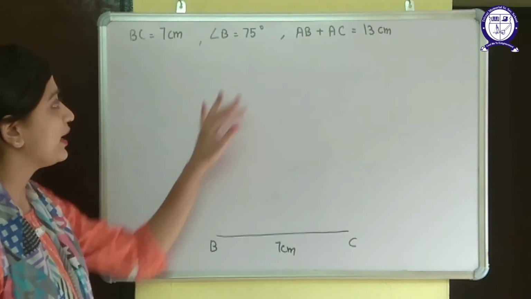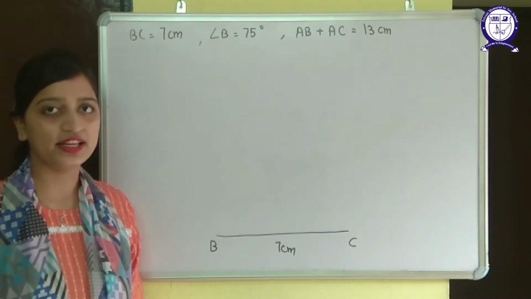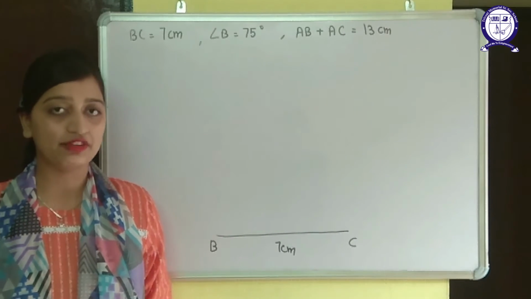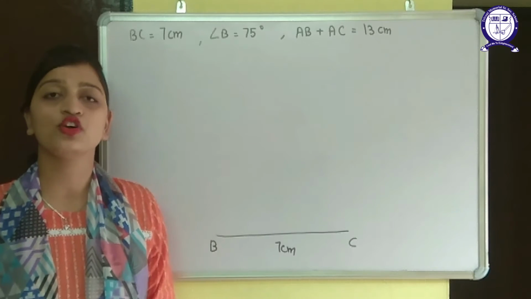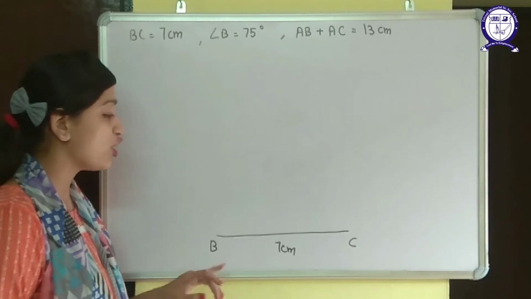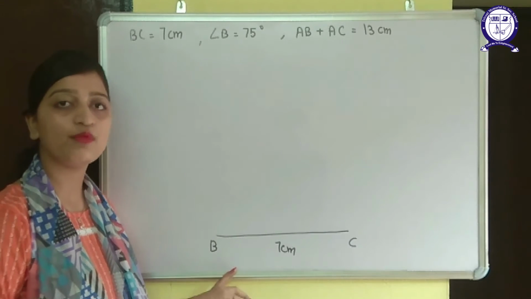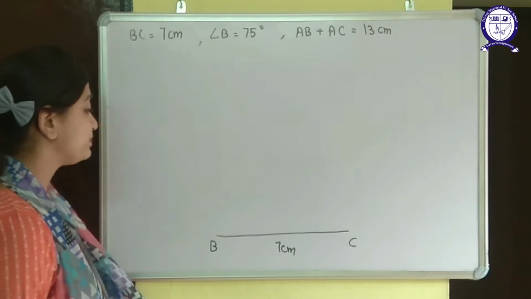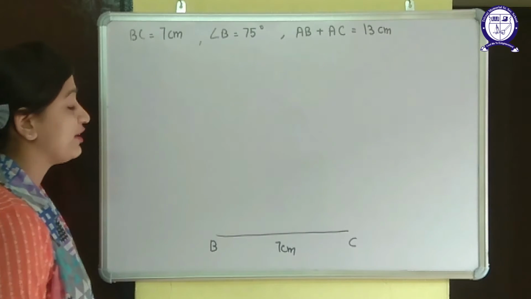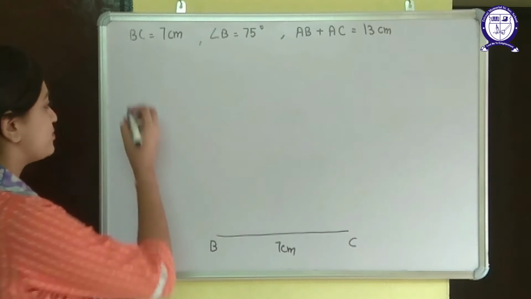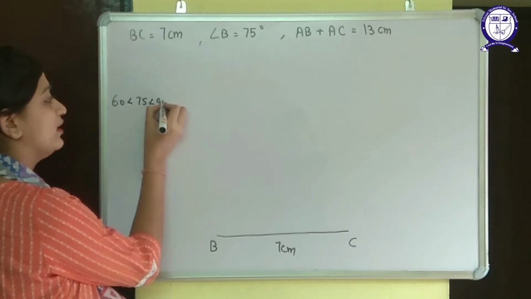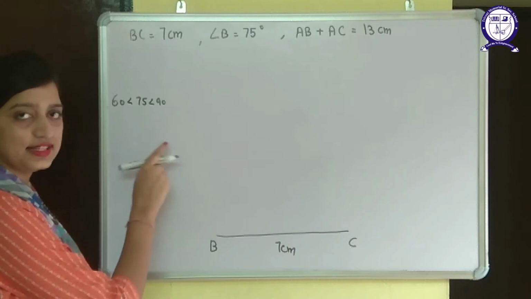Now I need to make angle B equals 75 degree. In the previous video, we learned how to make the angle of 75 degree and you need to follow that procedure. You cannot make 75 degree with the help of your protractor. You need to use the compass. So how to make 75? 75 degree was between 60 and 90.